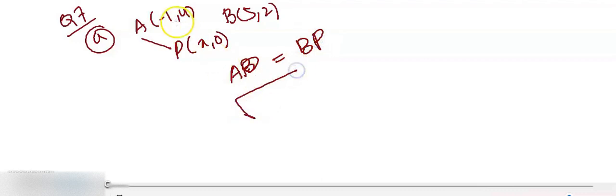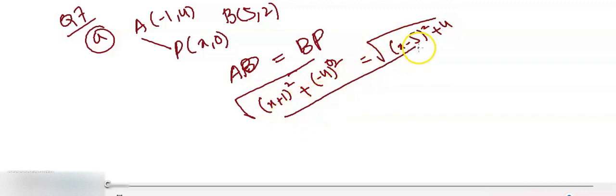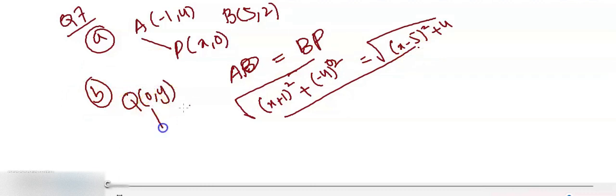So you just calculate this distance, (x plus 1) whole square plus (-4) whole square, equal to BP, which means (x minus 5) whole square plus 4, and then you square both sides and get the value of x. And part B, you just suppose the point on the y-axis is this and follow the same procedure as you did in part A.